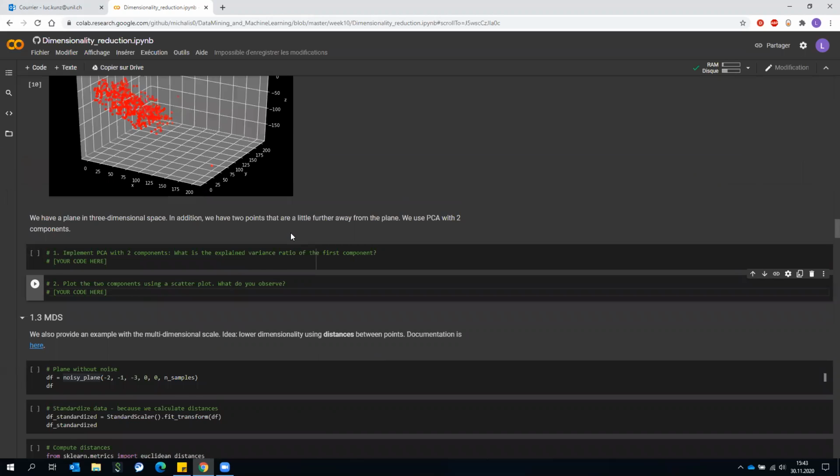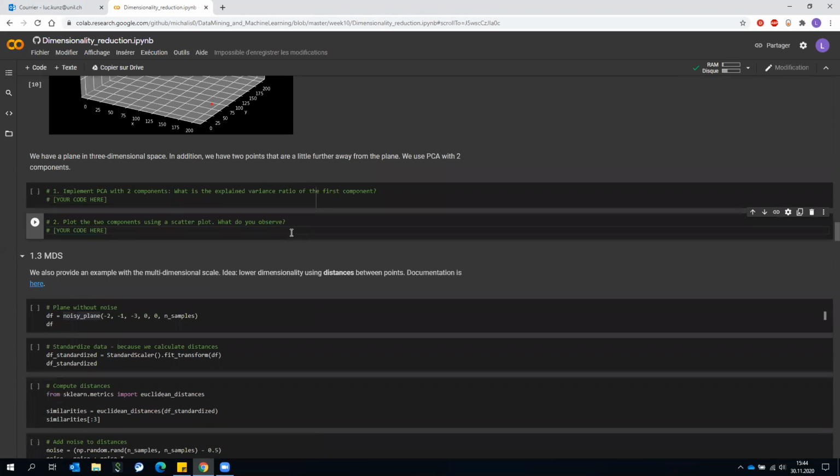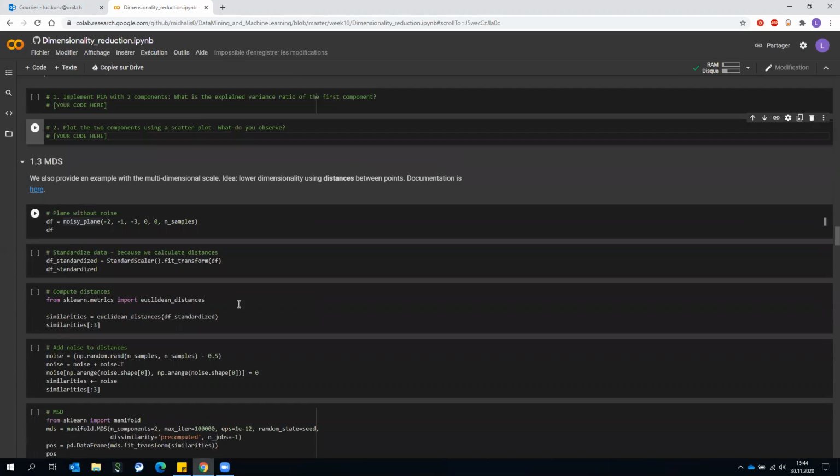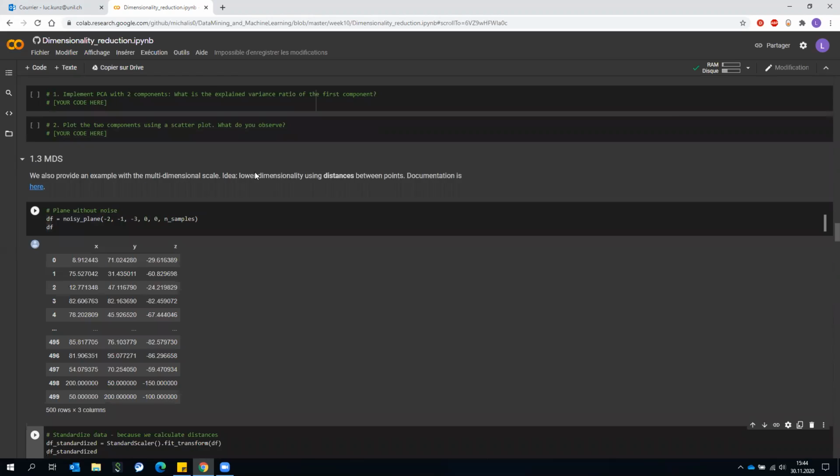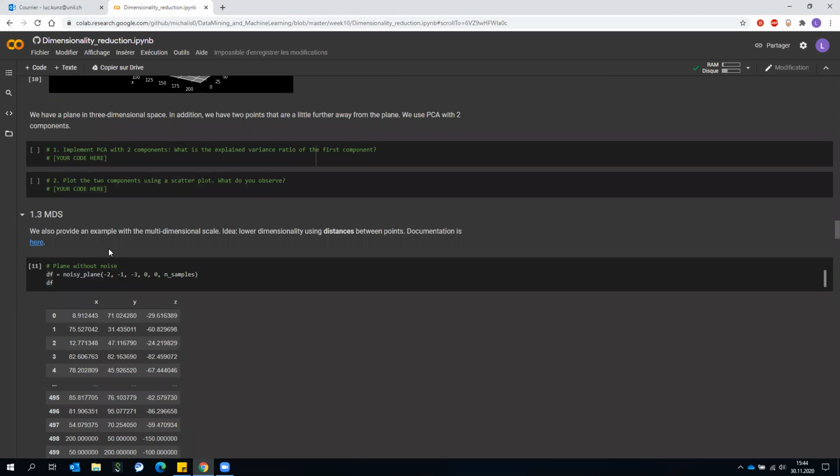Okay, so if there is no further question, I also provide an example of MDS. MDS is another way to reduce dimensionality, but instead of focusing on the points, you focus on the distances, the Euclidean distance in this case, between the points.